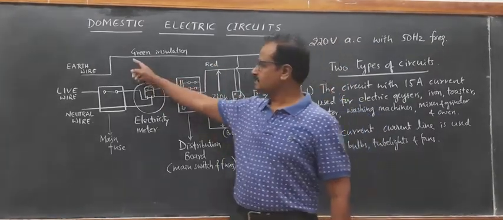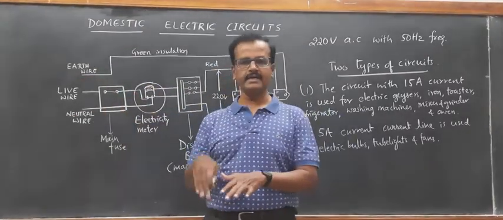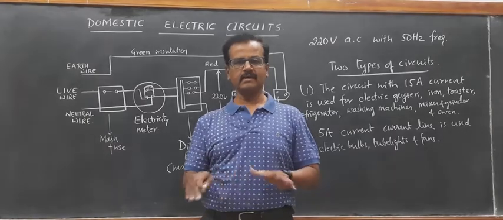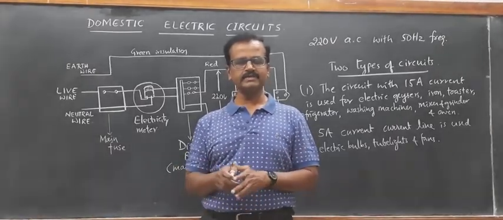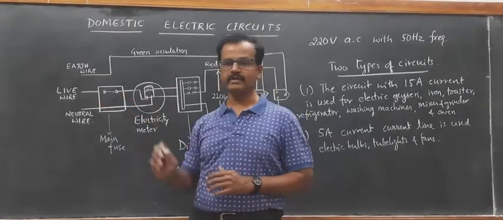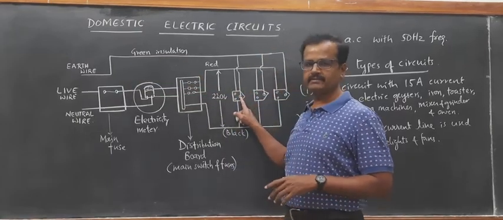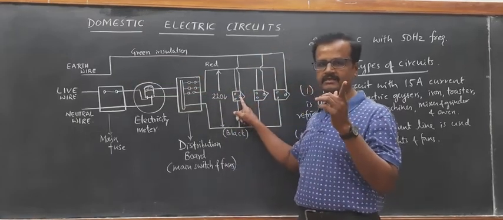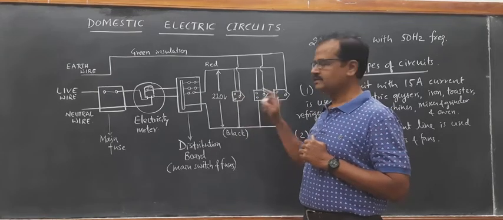It is taken outside the home and buried deep inside the ground with a good metallic plate. It is buried deep inside the earth, that is the ground. It is also called grounding. And it is connected to the upper pin of 3-pin sockets.